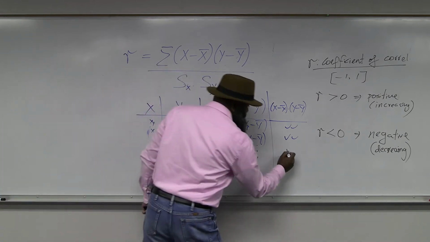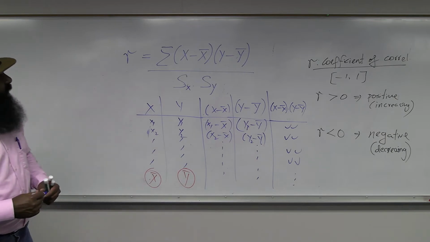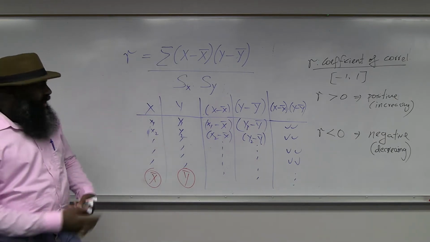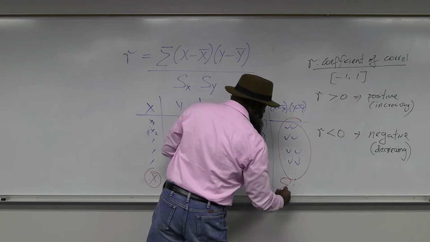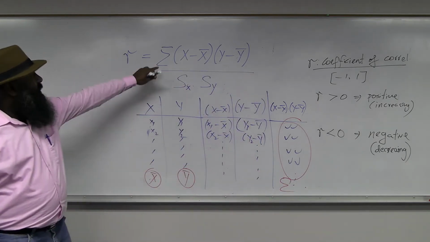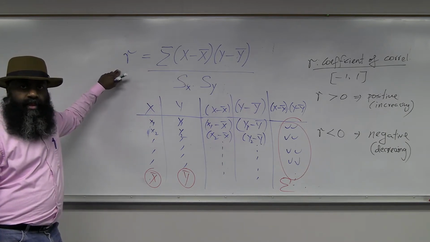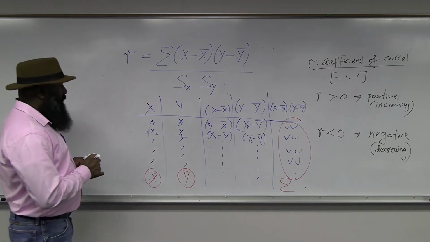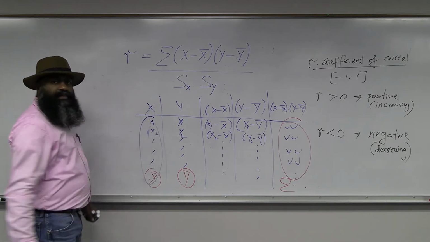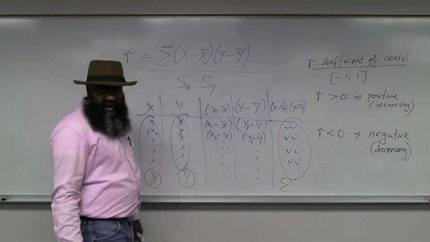I can find these values. And then I have to take the summation of all of these. That summation is the numerator of the coefficient of correlation. And Sx is the standard deviation calculated for all the x values. Sy is the standard deviation calculated for all the y values.